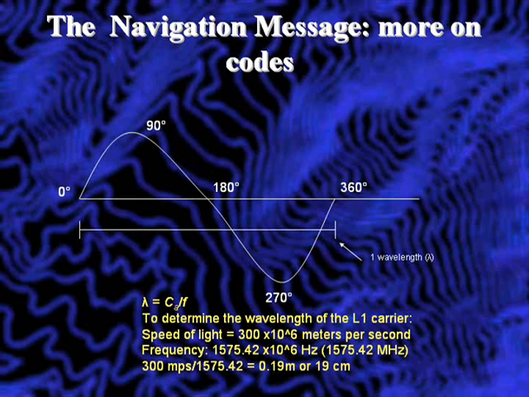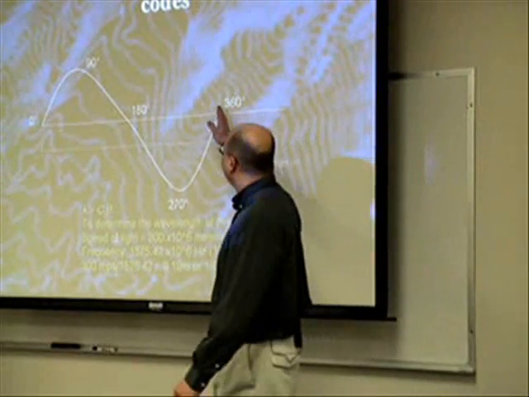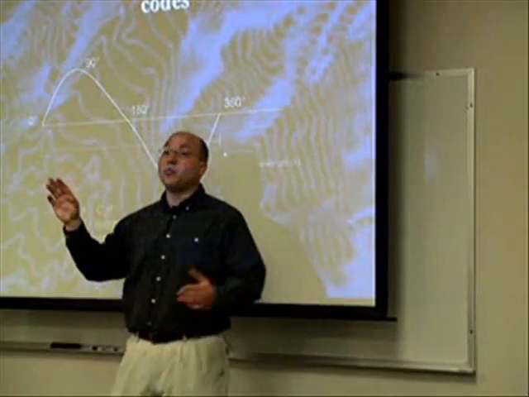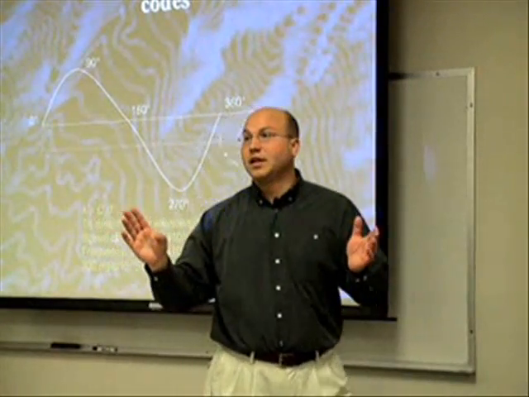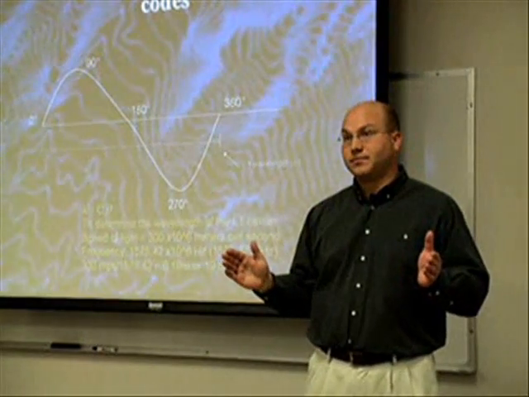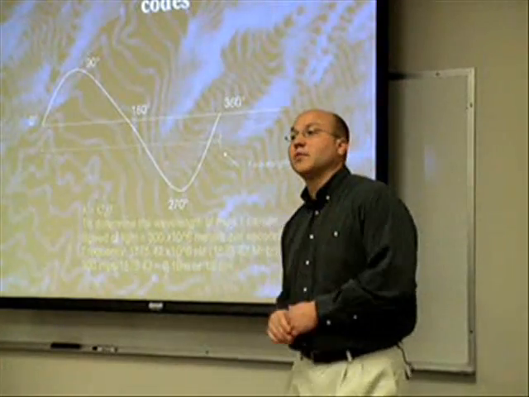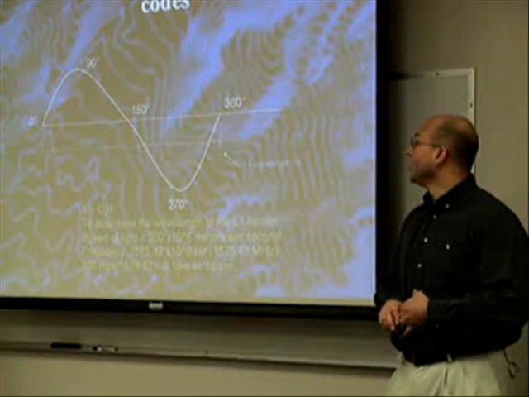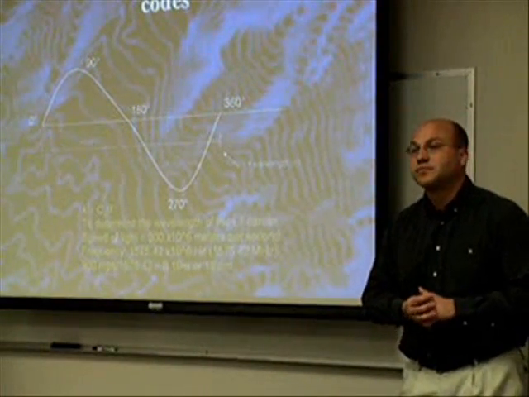In order to calculate the wavelength of that one wave, we need to do 300 divided by 1500, and that's approximately 0.19 meters, or 19 centimeters. So each wavelength of the L1 carrier wave is 19 centimeters. We'll come back to the importance of that a little later when we talk about how we can actually track.